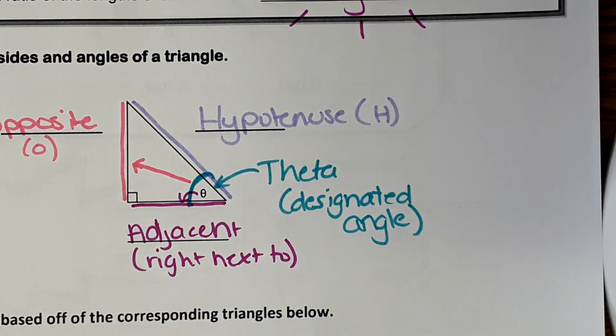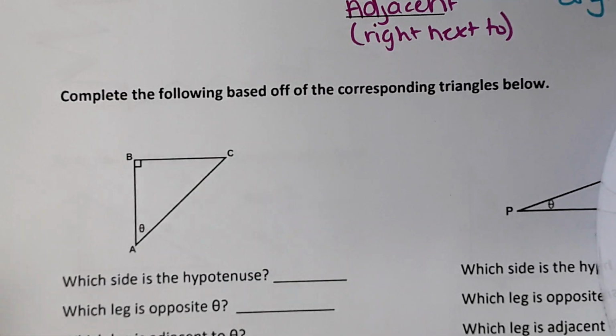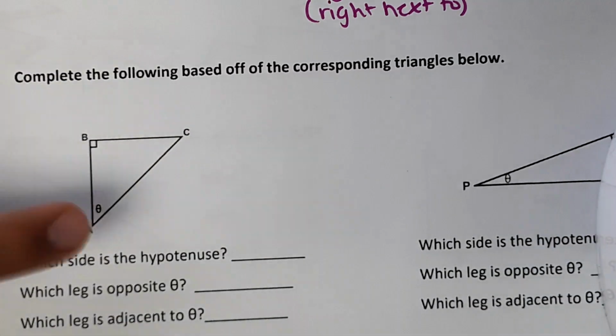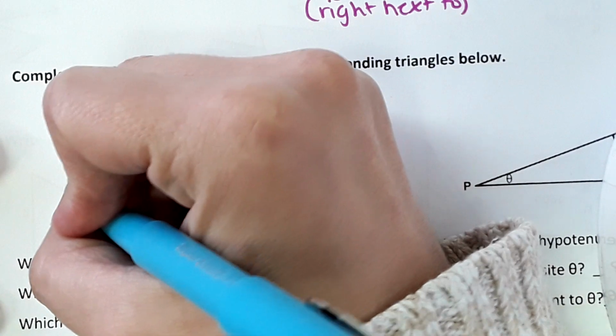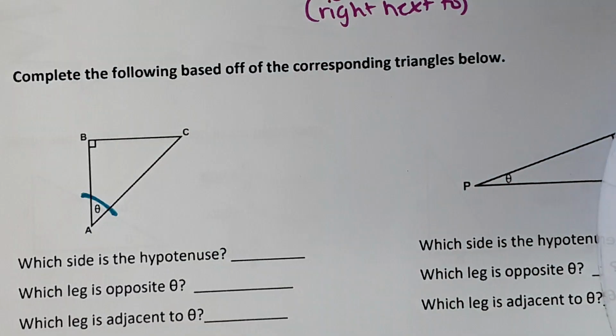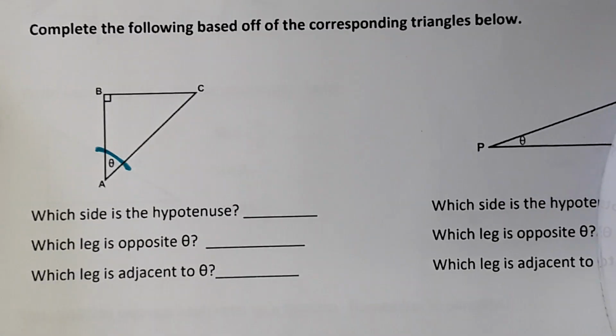Okay, now moving on. Now applying it over here. Complete the following based off the corresponding triangle below. So we have our triangle here. We have our theta, so this is our designated angle right here. And it says which side is the hypotenuse, which leg is opposite, and which leg is adjacent to theta.